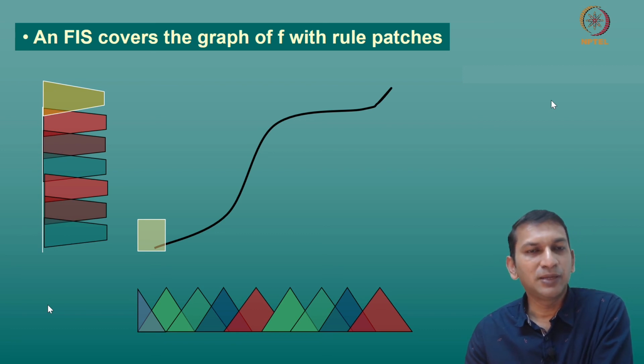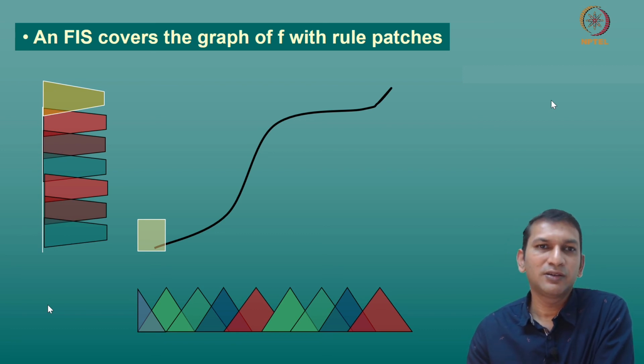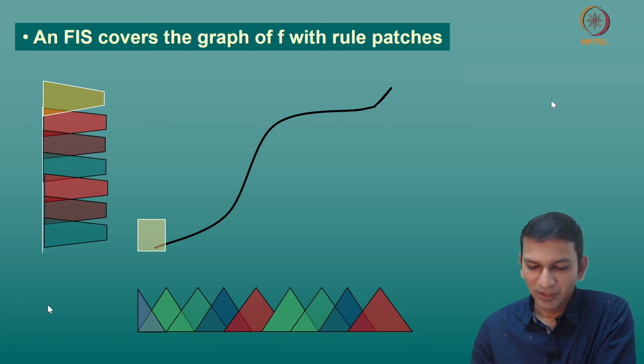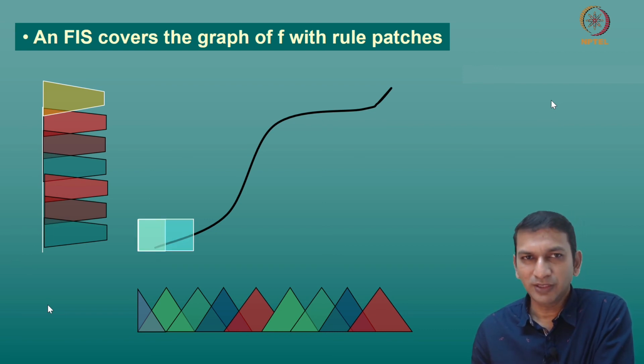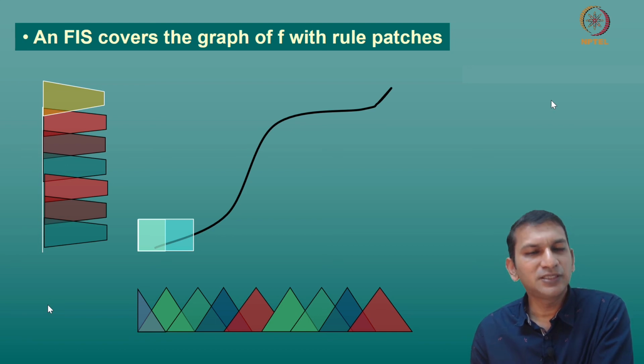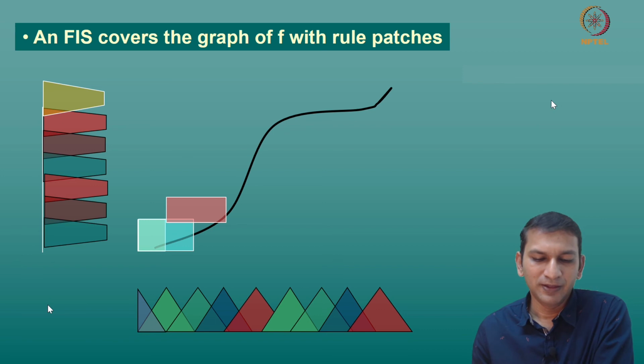So we need to consider them also when finding the overall output. So consider the second fuzzy set here, and let's relate that to the second fuzzy set on the output side. What we get is another rule patch, and now it's clearly overlapping. Now if you go along this logic and start to relate input fuzzy sets to output fuzzy sets, perhaps this is one kind of a rule patch covering that we can obtain.